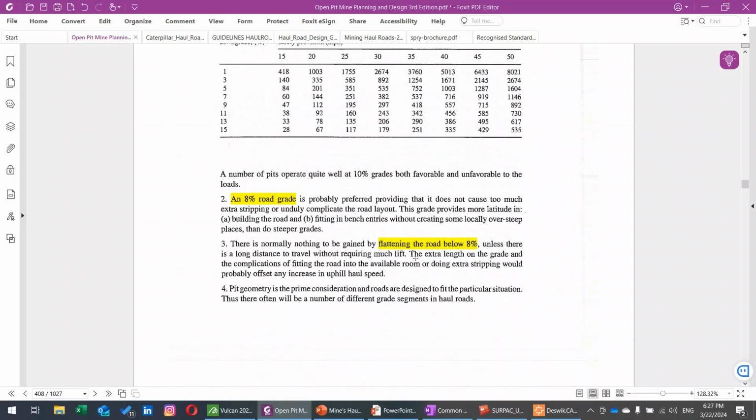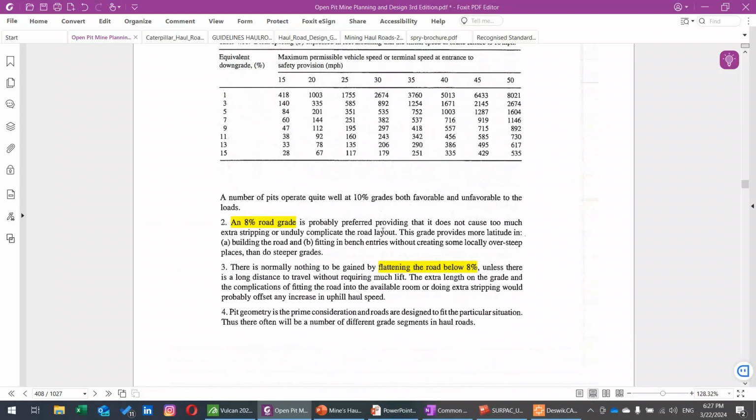On the next pages, it adds more rules, suggesting that 8% is a preferable road grade. One may ask, what if we flatten the road grade below 8%? This book says that it is not beneficial because lowering the grade below 8% will increase the stripping amount with no benefit in increasing the uphill haul speed.